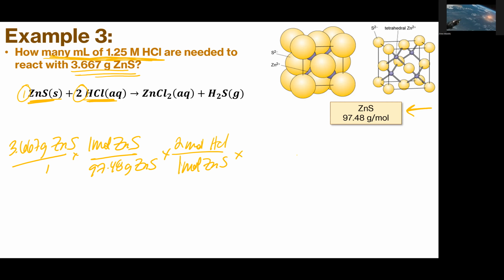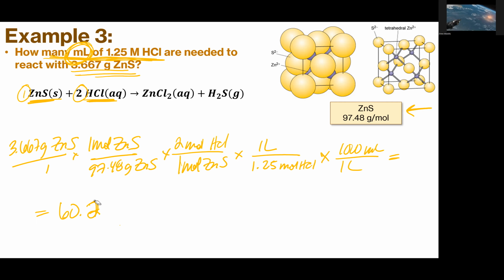And we are told this HCl that we're using is 1.25 molar. So that's 1.25 moles of HCl for 1 liter. We're also told that we want milliliters of stuff. So let's do milliliters. 1 liter is 1,000 milliliters. Don't get it backwards. Okay. And we'll math it all out.